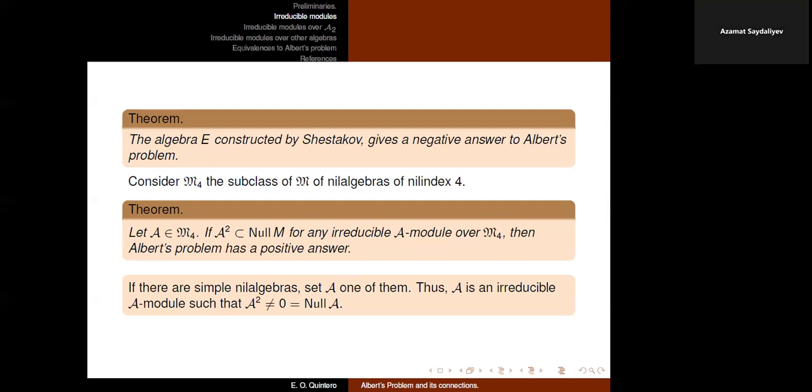The proof is clear: if there are simple nil algebras, let A be one of them. Thus, A is an irreducible A-module, but A squared is not 0, and 0 is the annihilator of the algebra. So Albert's problem must have a positive answer.